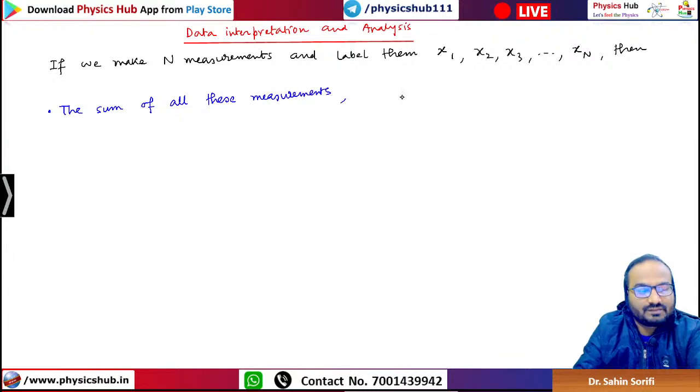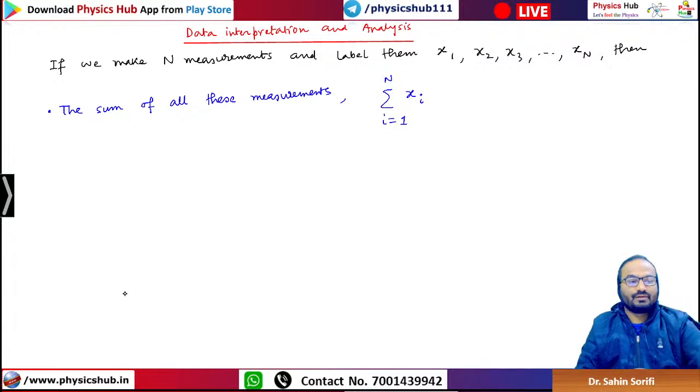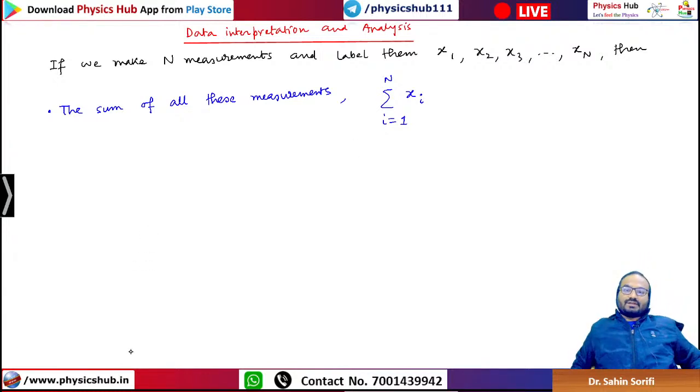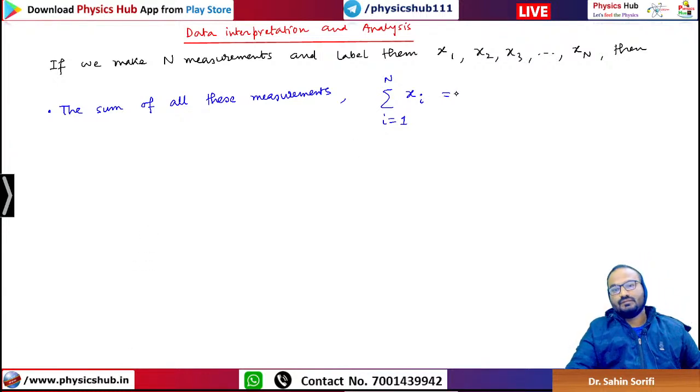Sum of these measurements will be the sum over i equals 1 to n of xi. So you can represent it in this way, which is equivalent to writing x1 plus x2 plus x3 and so on up to xn.